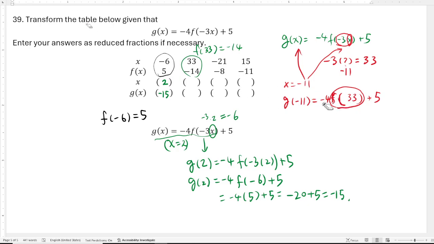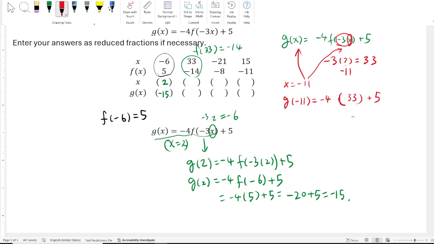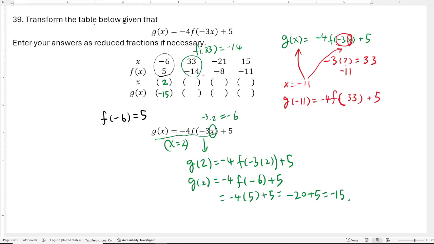F of 33 is negative 14 as it says here, so it's negative 4 times negative 14 plus 5, which is 56 plus 5, which is equal to 61. So 61 is what you get, and here the value is negative 11.